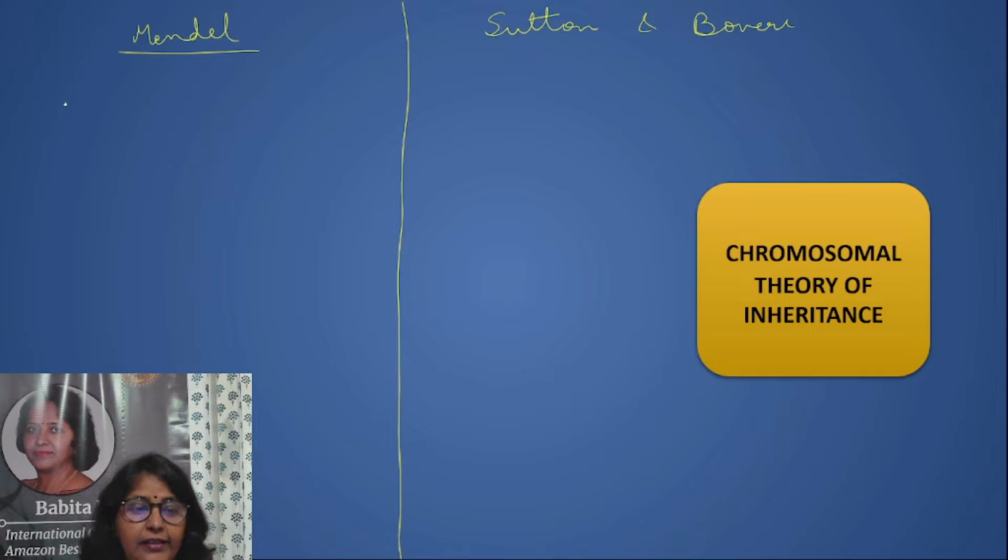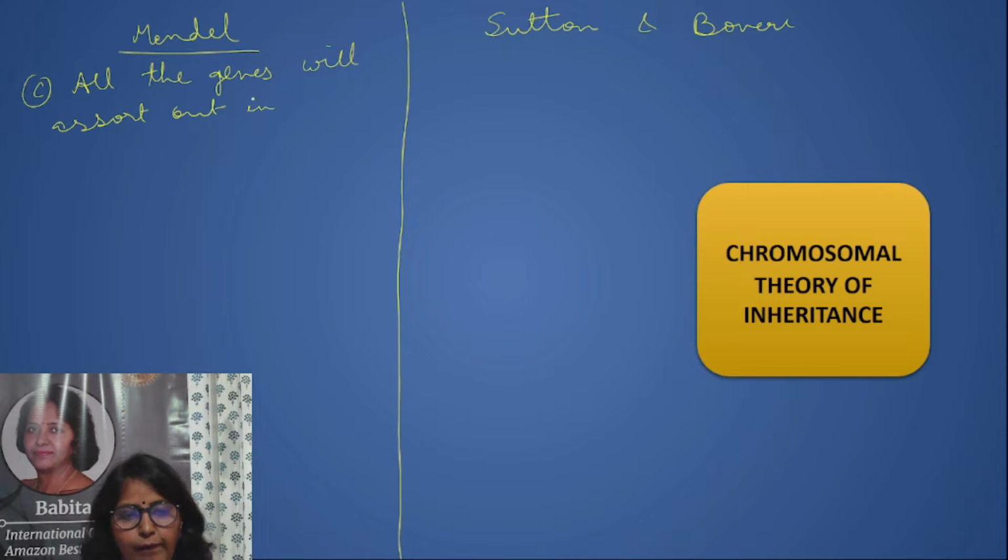What does he mean by this? All the genes will assort out independently during gamete formation.